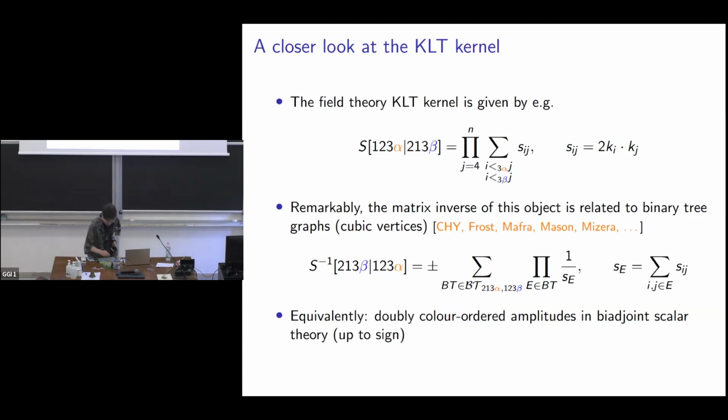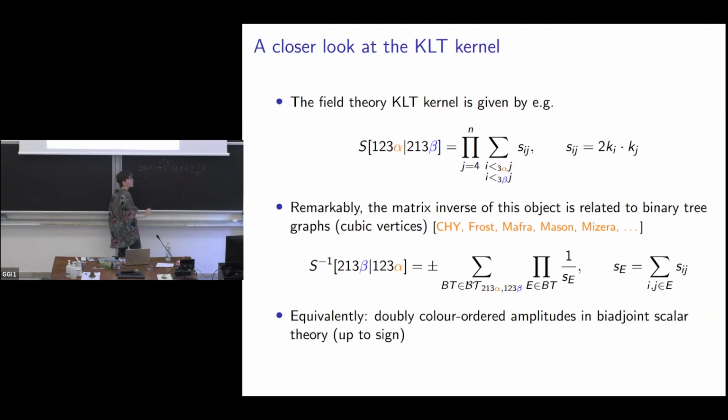Okay. So let's say we have 1, 2, 3, 4, 5 and 2, 1, 3, 4, 5. This is our alpha, and this is our beta. The KLT kernel for this is we go through this product.